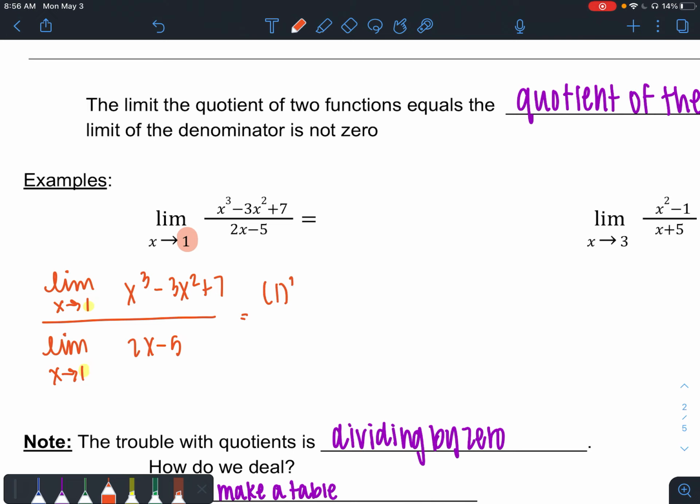So I have 1 to the third minus 3 times 1 squared plus 7 over 2 times 1 minus 5. Plug that into a calculator, you should get 5 over negative 3, or negative 5 over 3, I guess I should say. That's a little bit more proper.